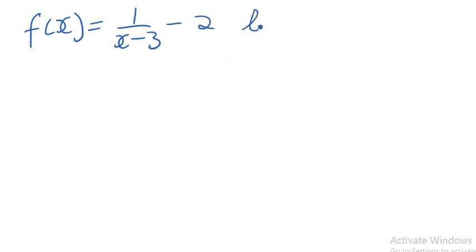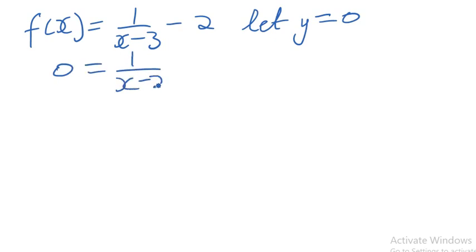So we let y equal to 0. f of x is the same as y, so 0 is equal to 1 over x minus 3, minus 2 there.